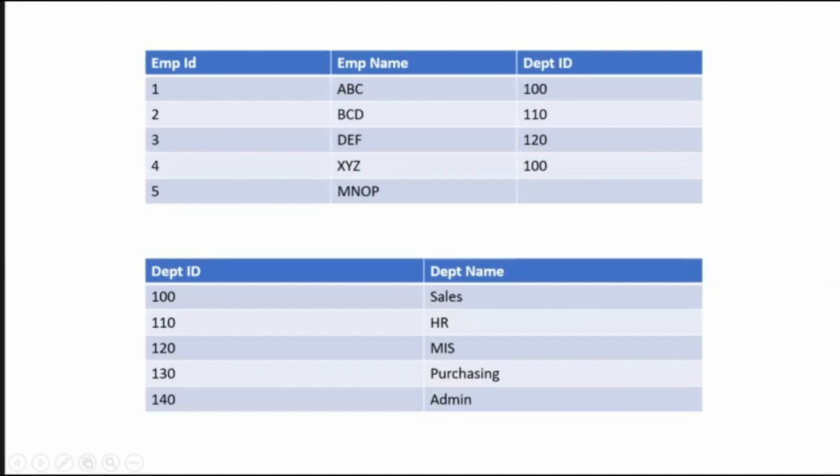You cannot have a duplicate department ID. You cannot have a duplicate employee ID. It will always be unique. It cannot be duplicate. Then this department ID, the primary key of this table, refers in another table as the foreign key.